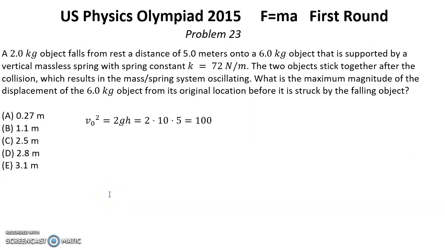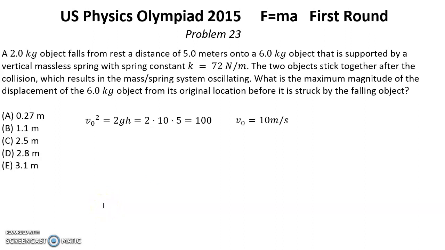To find this speed, V0, we use this formula: V0 squared equals 2gh, or 100, and the speed equals 10 meters per second. Second step is to find the common speed of both objects when they stick together.